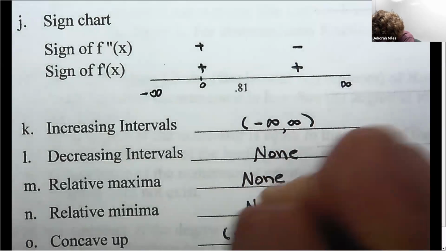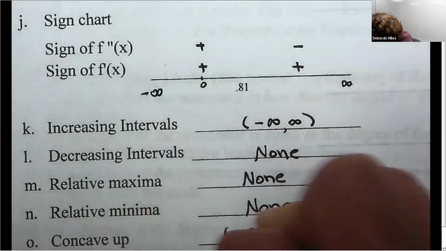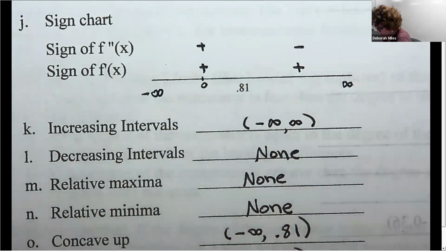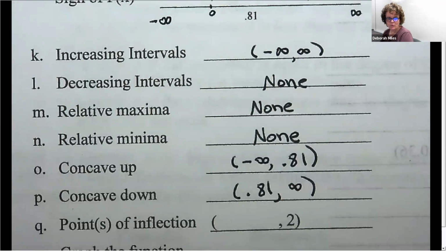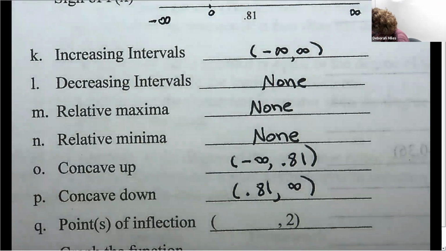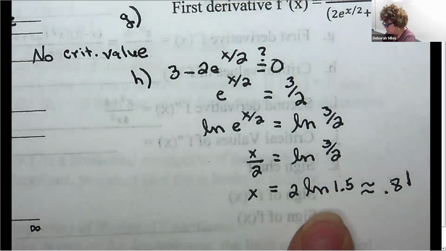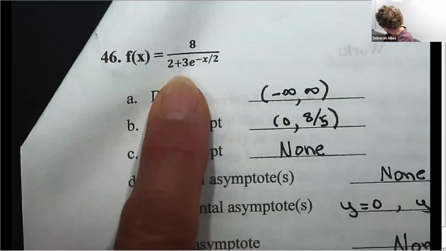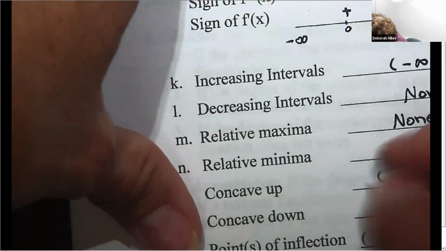Negative infinity to 0.81, wherever the second derivative is positive, and concave down from 0.81 to infinity. So what's a decimal approximation of my point of inflection? 0.81. Actually, if you use the exact value, if you let x be 2 natural log of 1.5, that turns out to be a nice, pretty, just 2. But if you use 0.81, that's close enough.